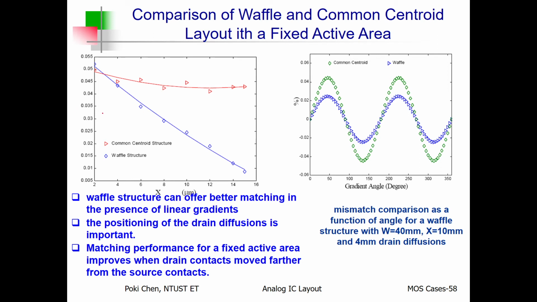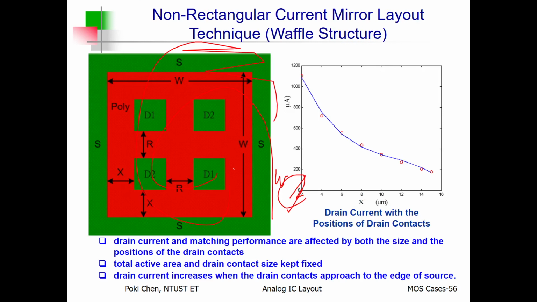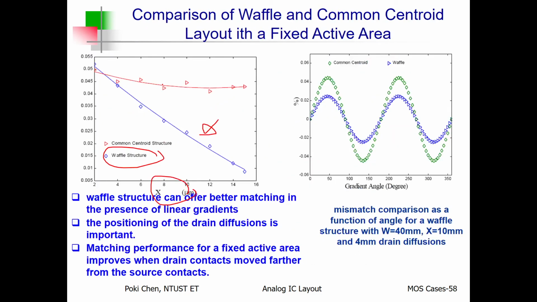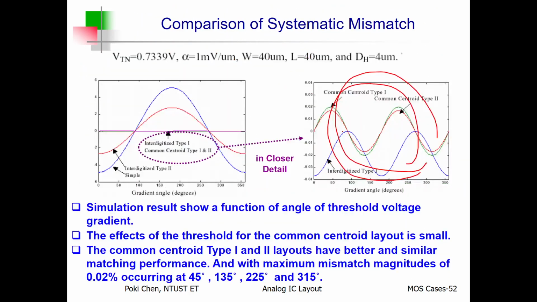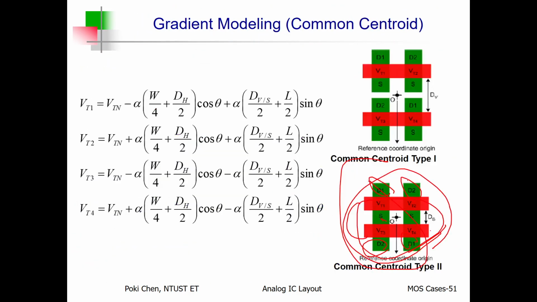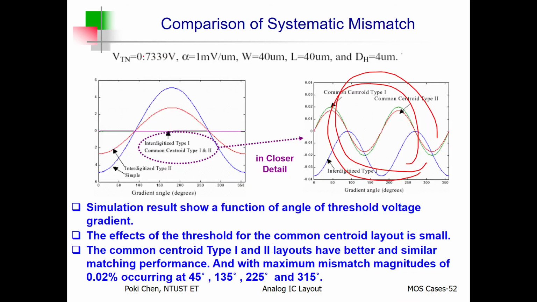Then allow me to show you this. According to spatial effect, you will see this, the blue line for the waffle structure. I mean for the new one, the crazy one. All right. And how about the red one? For the original common centroid type 2, that is also for two-dimensional layout patterns.